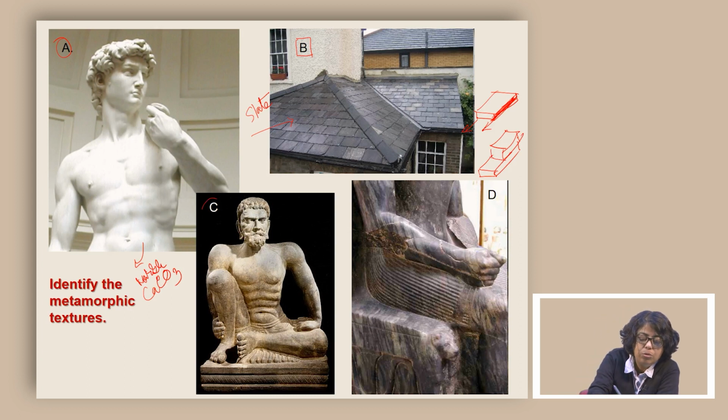Now, we come to this sculpture C, where we find a slightly interesting pattern, that is, there is a slight variation in the shade, and the shade variation actually indicates something about the arrangement of dark colored minerals versus light colored minerals, and especially the development of mica.